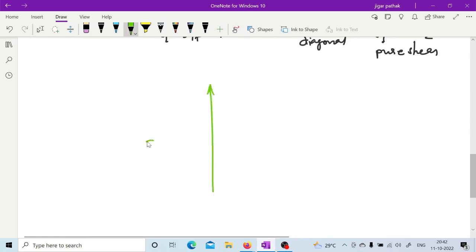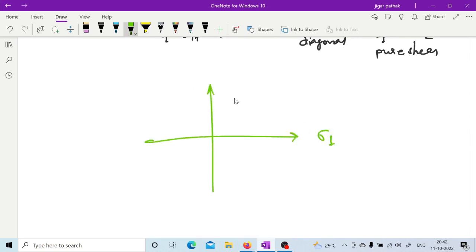If you plot sigma 1 and sigma 2 on this Mohr circle, sigma 1 is plus sigma and sigma 2 is minus sigma, then you will have this kind of Mohr circle. It is not sigma 2, sorry, it is the shear stress.